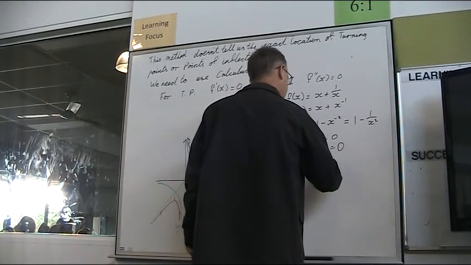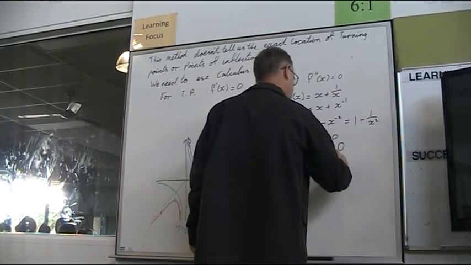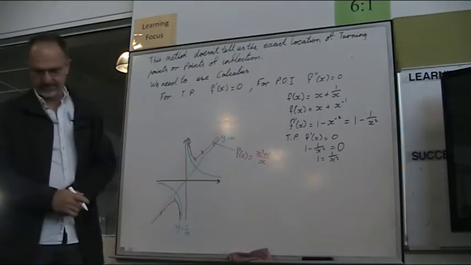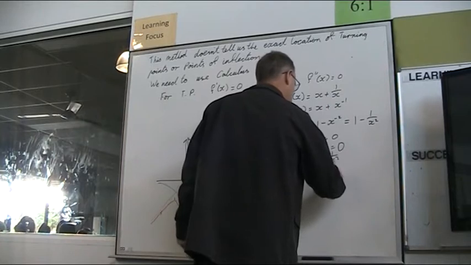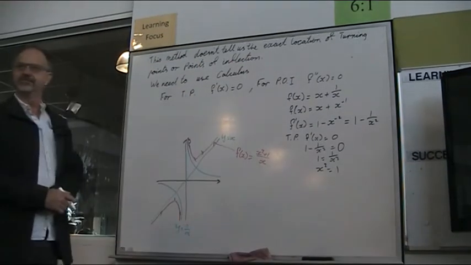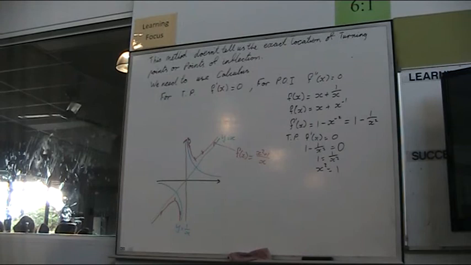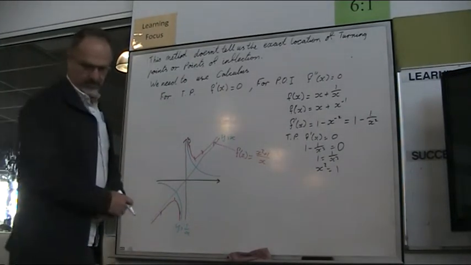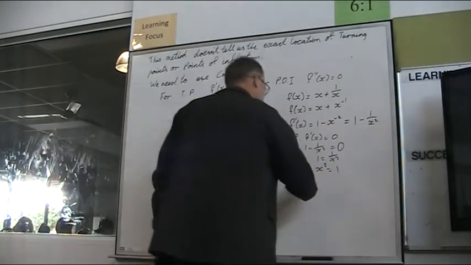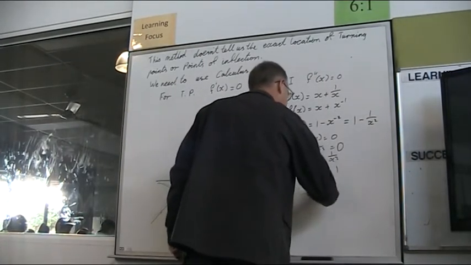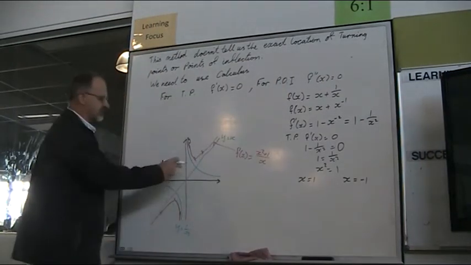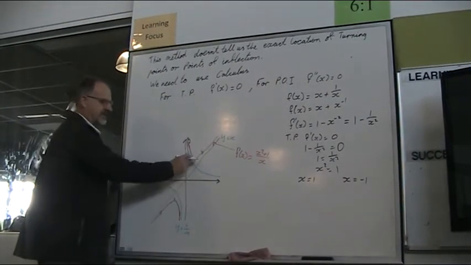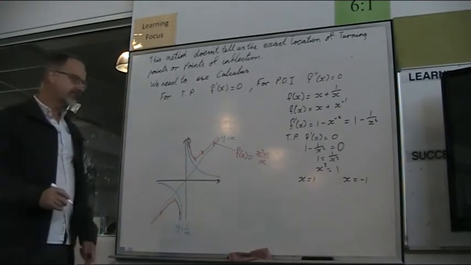So 1 would be 1 on x squared, I hope. x squared equals 1. Yes? No? Maybe? So we've got two possibilities there. x could be equal to 1, or x could be minus 1. And that makes sense for us, since we've got two turning points here.